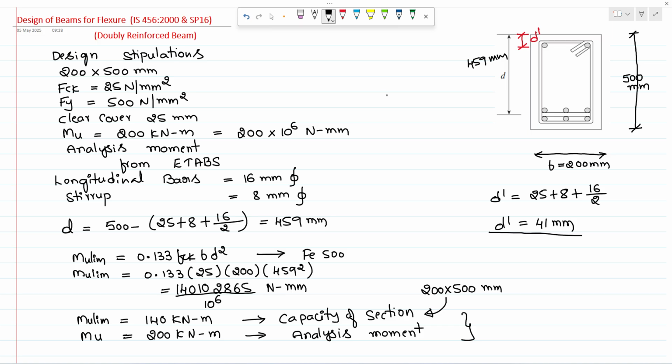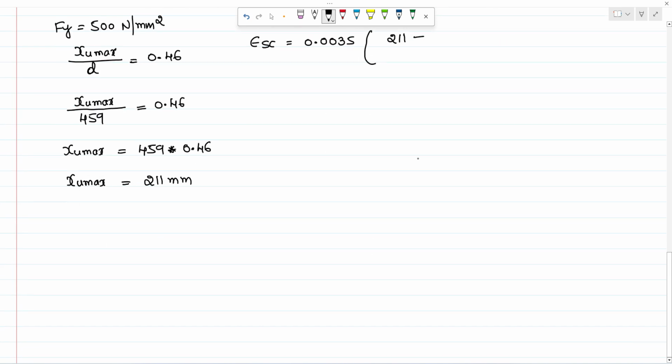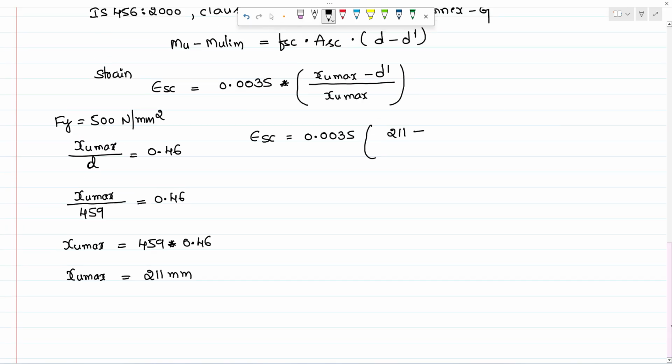Let me substitute in the equation. d dash is 41, and Xu max is 211.